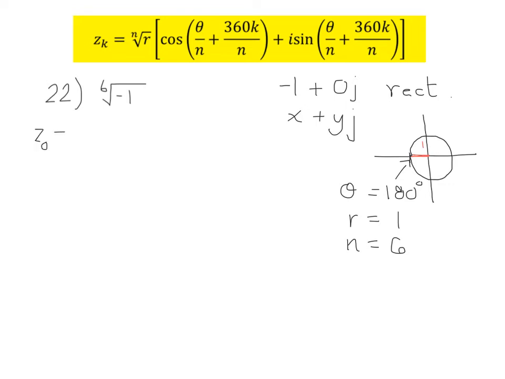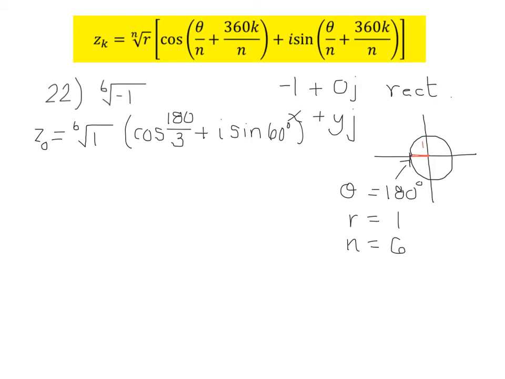Assuming k is 0, we always start with k equal to 0, we need the nth root of r, the 6th root of 1. If I substitute 0 in for k there, 360 times 0 over n is going to be plus 0. So my first value is just going to be the cosine of theta, 180, over n, 3, plus I times the sine of the same, and that's 60 degrees.